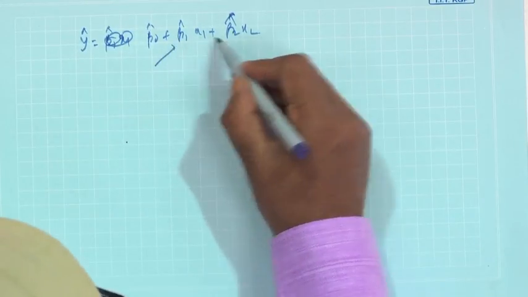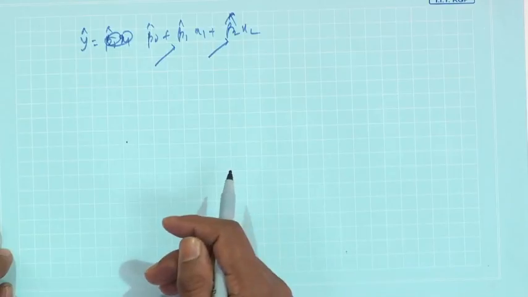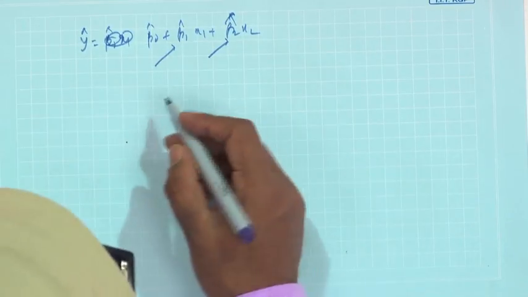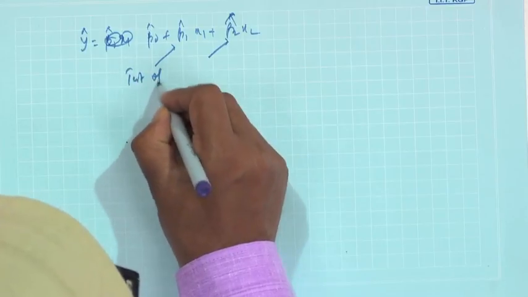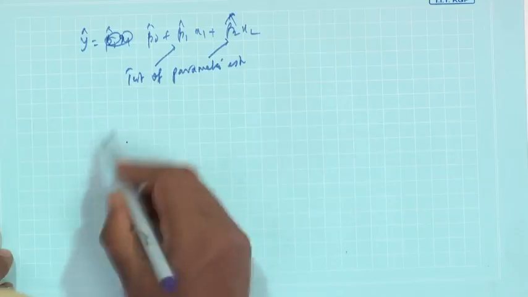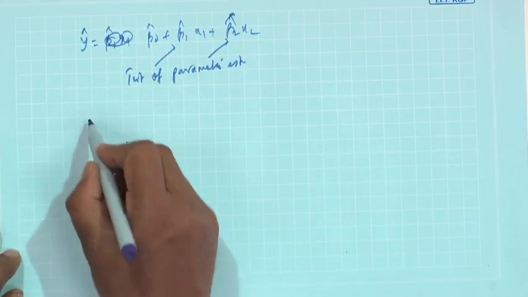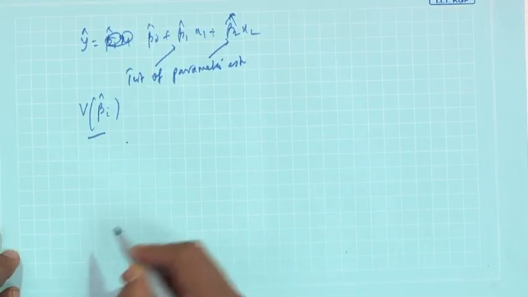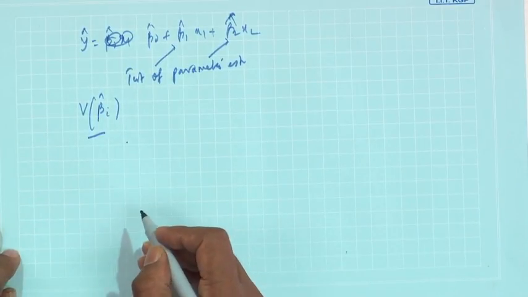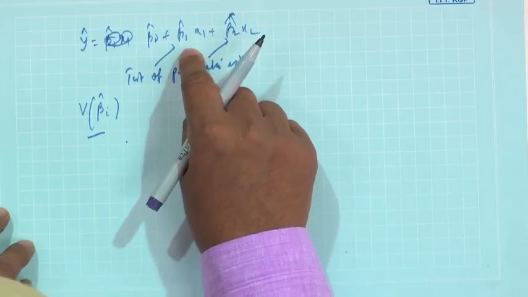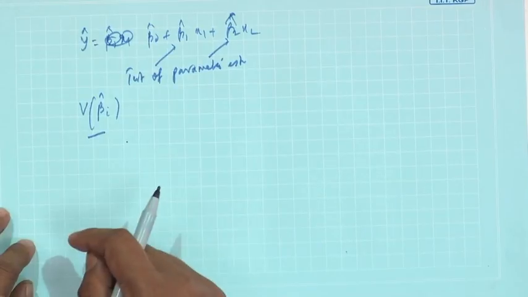But whether these beta cap values are significant or not, you have to do the test of parameter estimates. So, what you require to do? You require to find out the variance of beta i. If you do not do this, you have the estimated value, but the variance you have to find out.